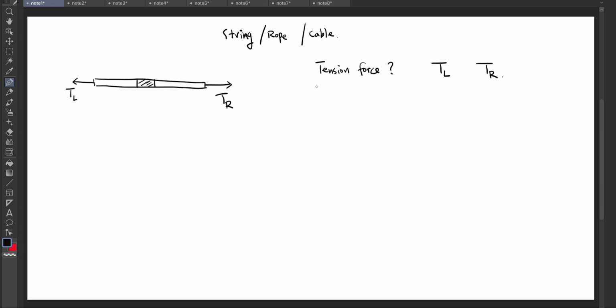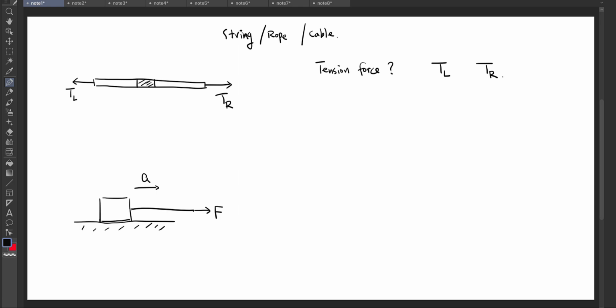Before I go into detail, the reason we want to talk about this tension force is because, let's say we're looking at one question here. Let's say there's a string attached to an object, putting the object on a surface with some acceleration A. On the right side here, there's your hand, your pulling force.